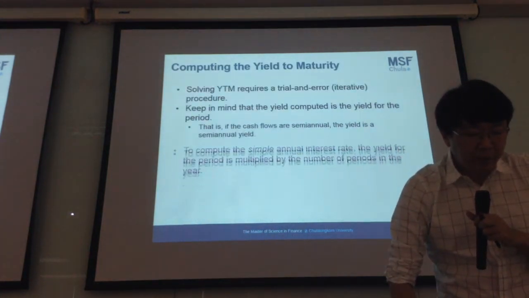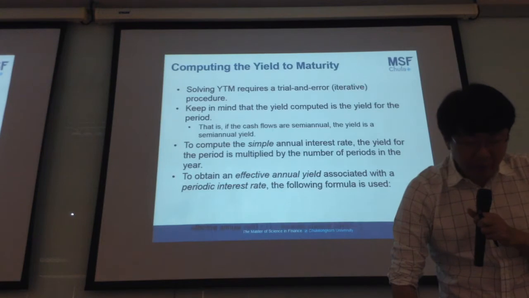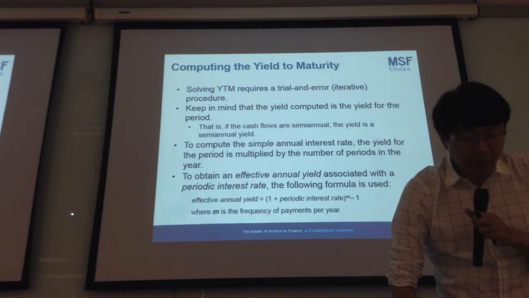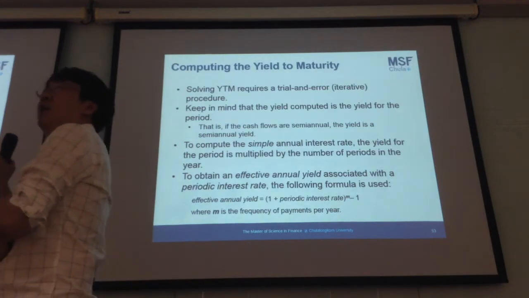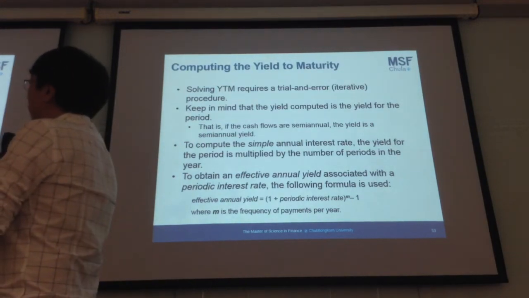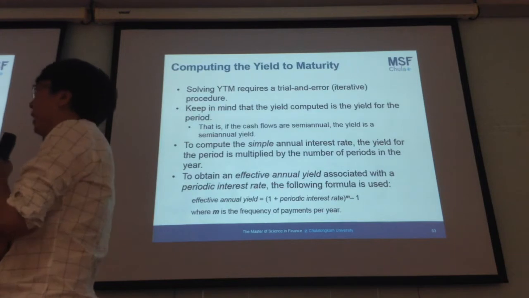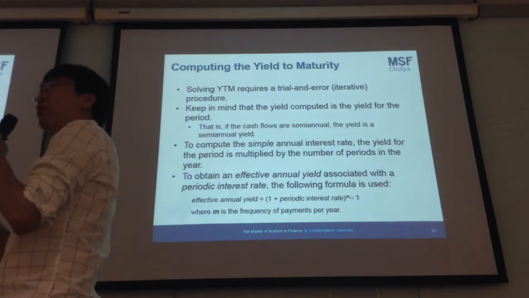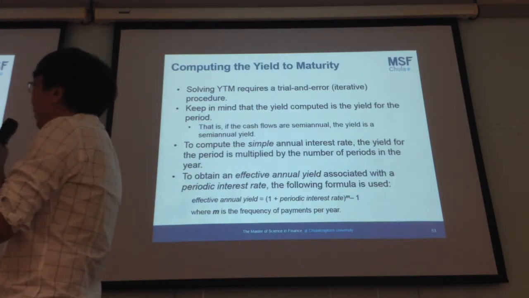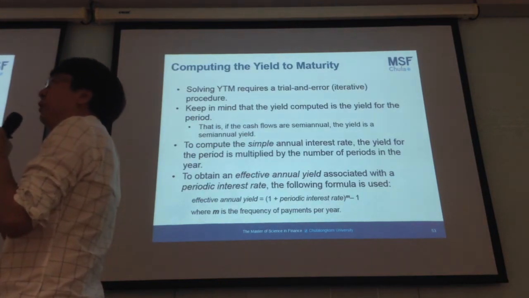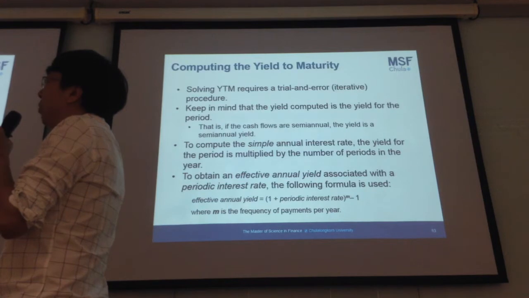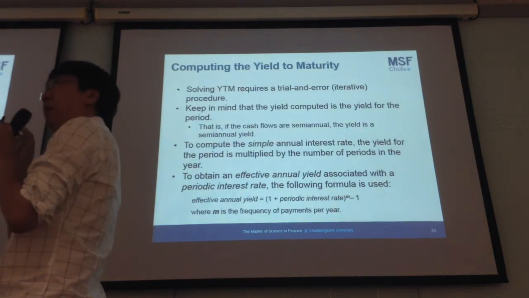Compute yield to maturity. Okay, let me finish the yield to maturity for today. If the bond pays the coupon once a year, you come up with the yield to maturity per year. However, if the bond pays the coupon every 6 months, then the yield that you compute is the yield per 6 months.